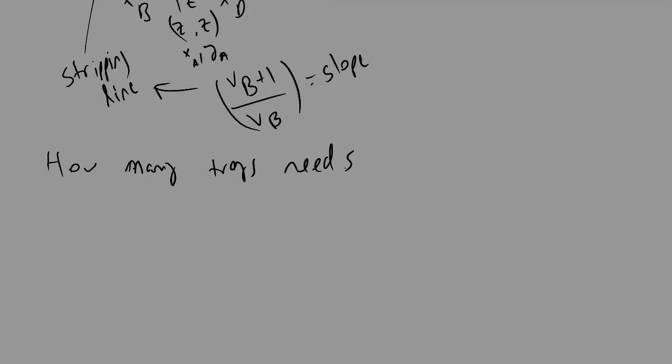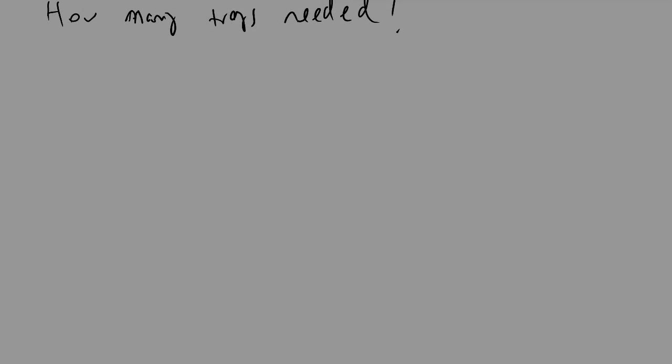And the way we will do that, how many trays are needed, and I will redraw a generic McCabe Thiele diagram to solve this, is like so.